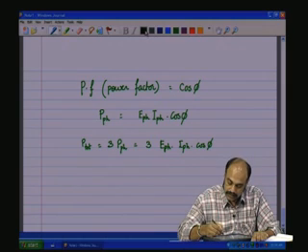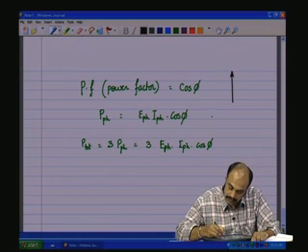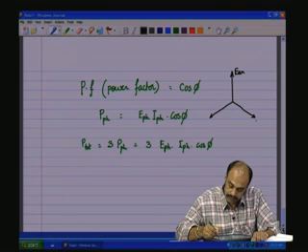Just to give you an idea here. Let us say we have the phase voltages of a star circuit, this is EAN, EBN, ECN.